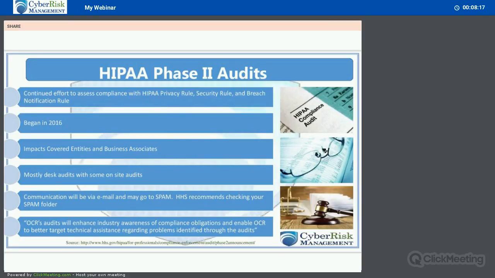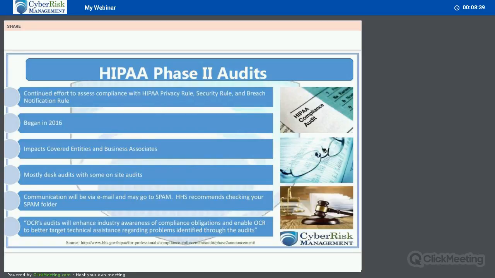So the Department of Health and Human Services, HHS, recommends checking your spam folder. Now, OCR, the Office for Civil Rights, who reports to HHS, is doing the audits. And through this, they are given everything they need to be able to make the audits.